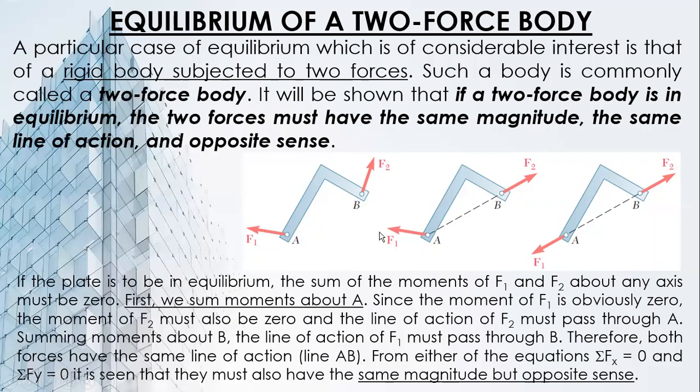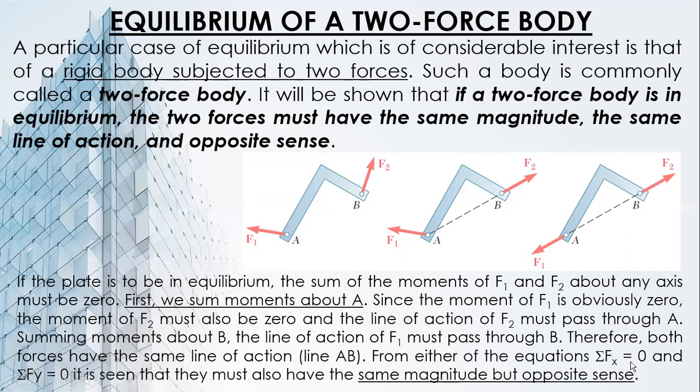And since F1 cannot be equal to 0, its perpendicular distance must be 0. It means that the line of action of F1 passes through point B. Therefore, both forces have the same line of action.